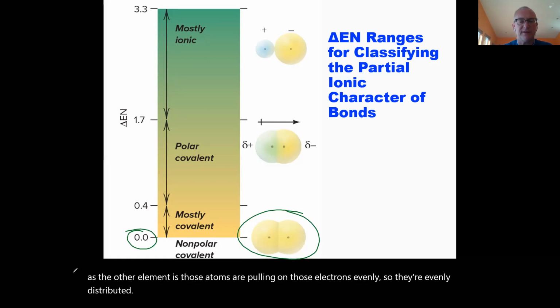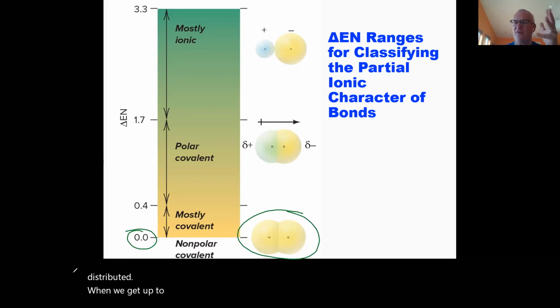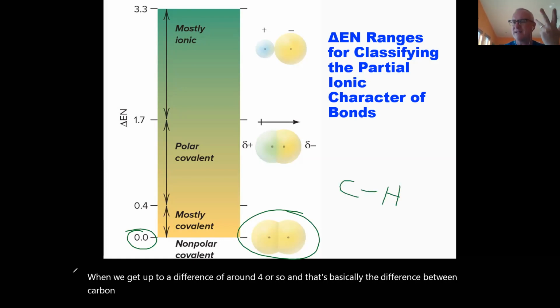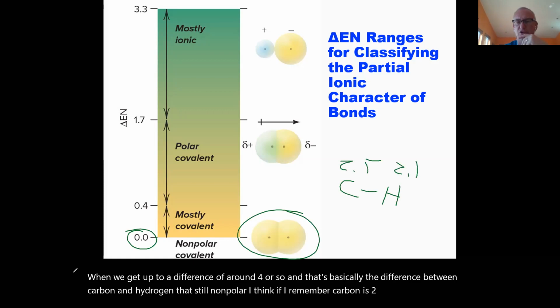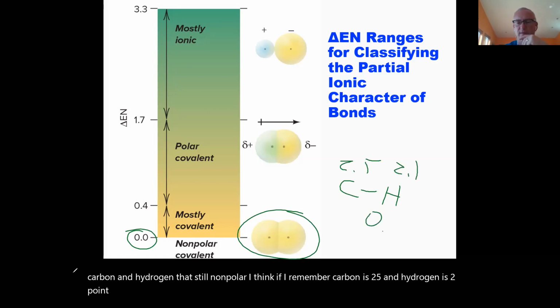When we get up to a difference of around 0.4 or so, and that's basically the difference between carbon and hydrogen, that's still nonpolar. I think, if I remember, carbon is 2.5, and hydrogen is 2.1. So this difference is 0.4.